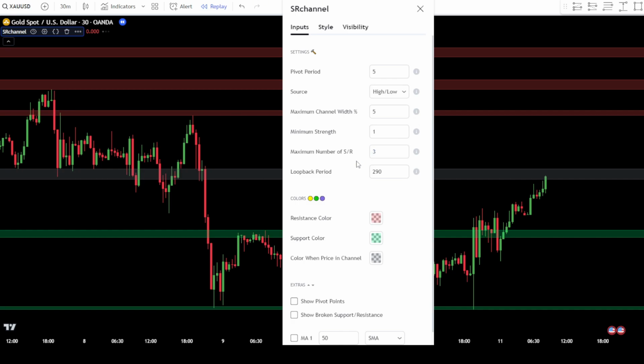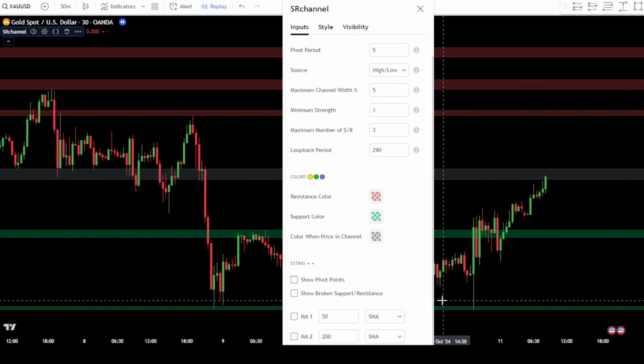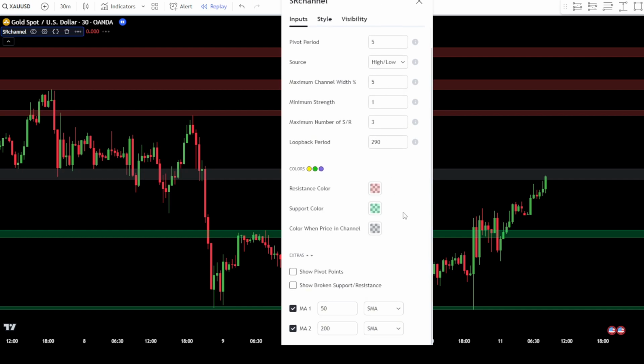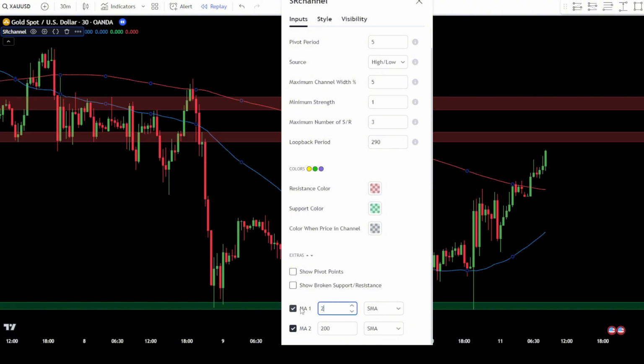Then, scroll to the bottom and enable the checkboxes for MA1 and MA2. For MA1, set the value to 20 and change the type to EMA. For MA2, set the value to 50 and also change the type to EMA.